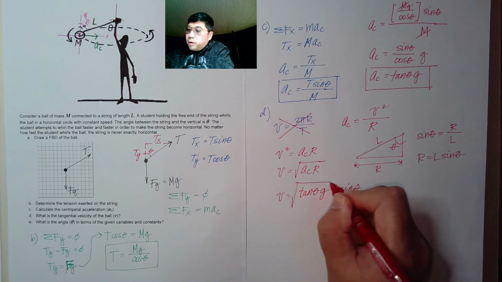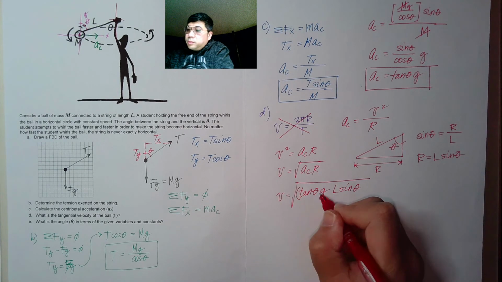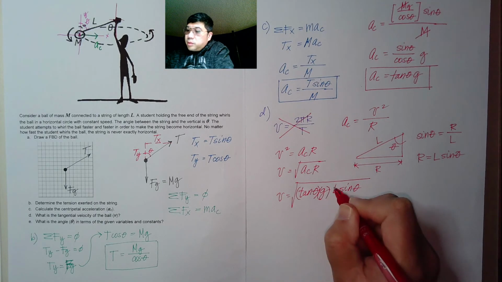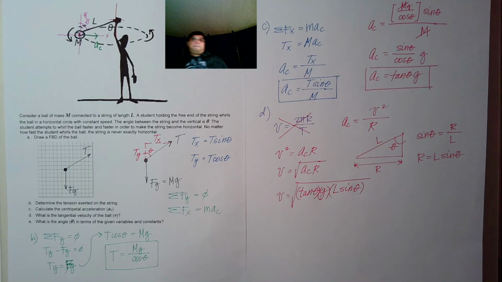So that's the square root of all of it. Okay, so if you want to place your parentheses to make sure that they're very organized, you can place it this way. So that is the velocity, or the tangential velocity, of our conical pendulum, as we call it.